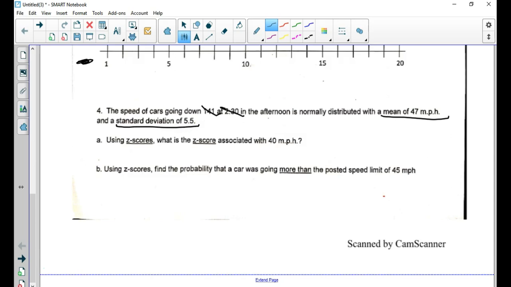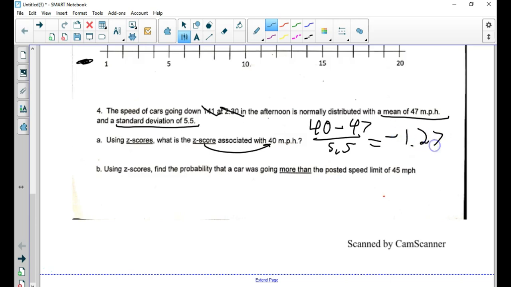So, using z-scores, what's the z-score for this one right here? That's our actual score. So remember, very simple formula. Actual minus the mean divided by the standard deviation. And when you calculate that out, you're going to get negative 1.27.